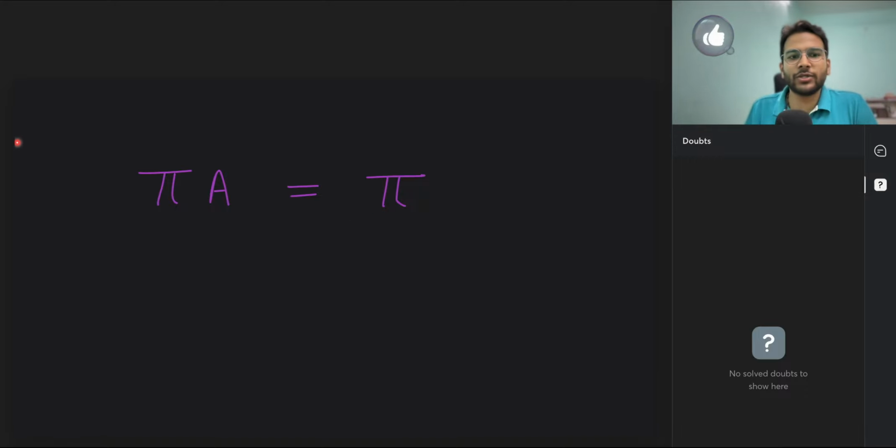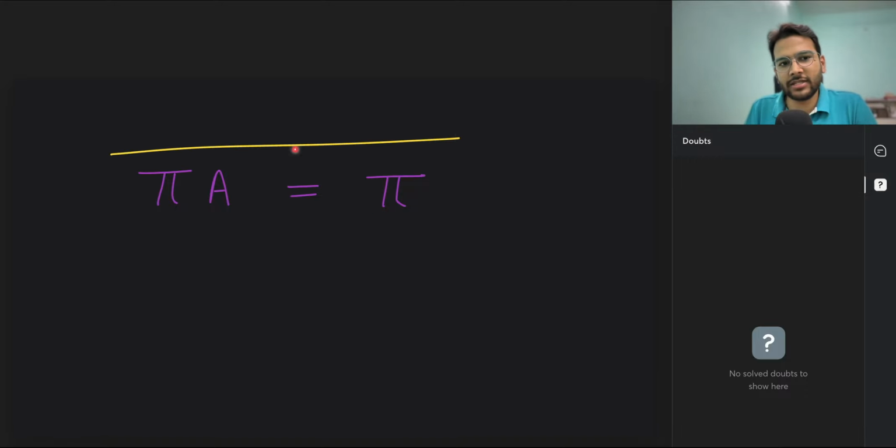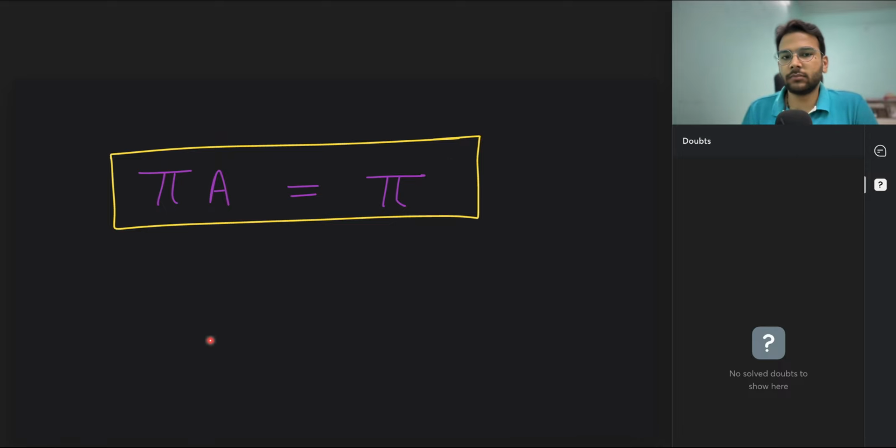Now I'm going to ask you a simple thing. Have you seen this kind of thing anywhere else before? This kind of equation? Think about it. Exactly. Very good. So can I say this is the same as writing this? This is similar to this one only.